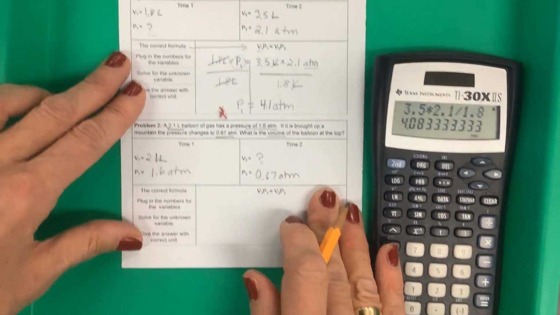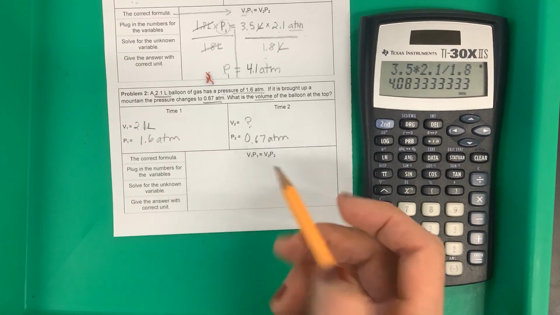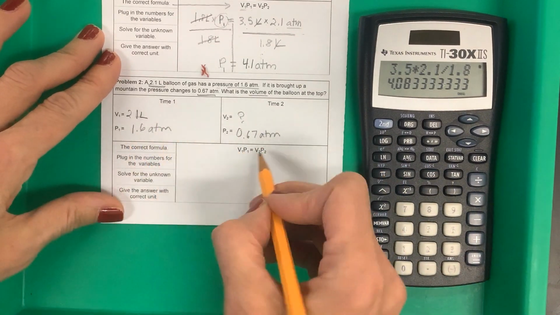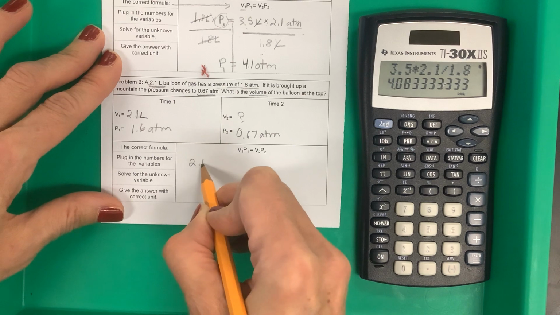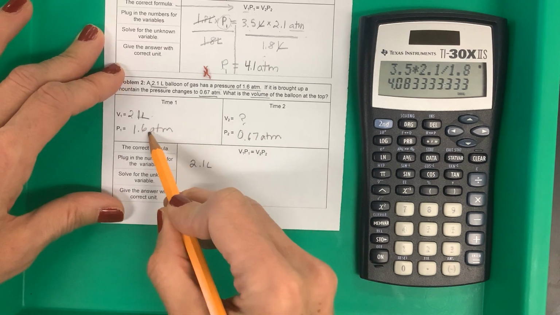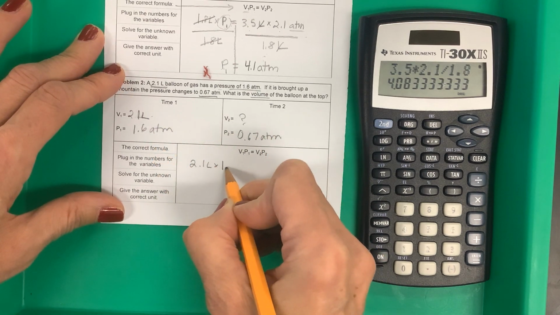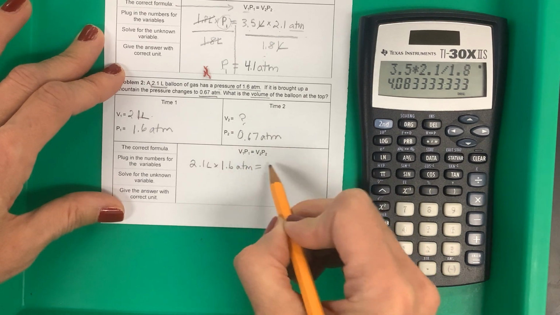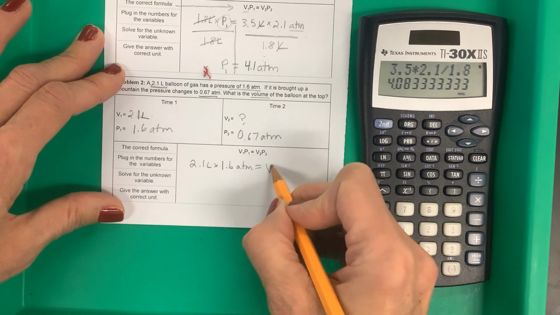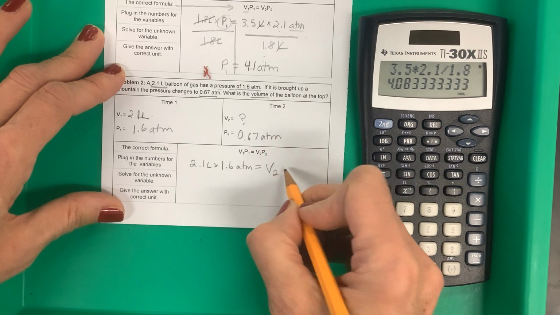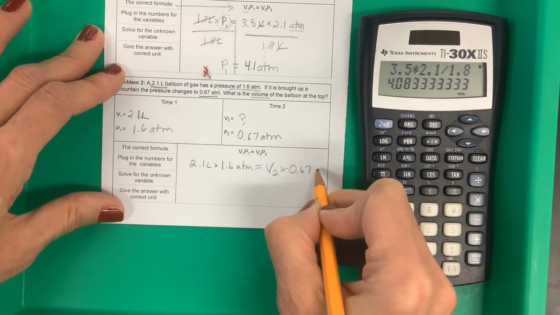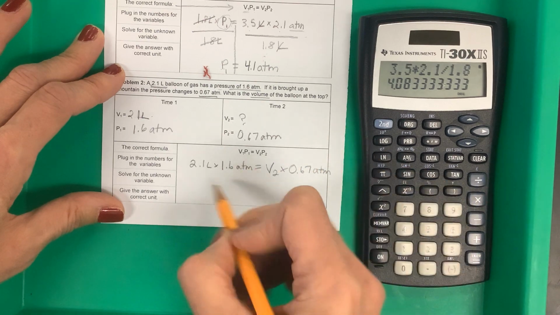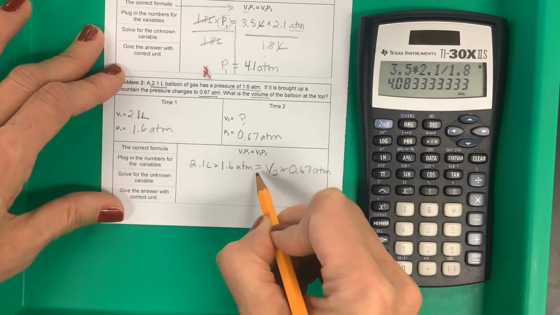Now we plug in those numbers to the formula. So we see V1, 2.1 liters, times P1, 1.6 atmospheres. There's an equal sign between now. Now instead of V2, I'm going to use the letters, times 0.67 atmospheres for P2. Now it's algebra.